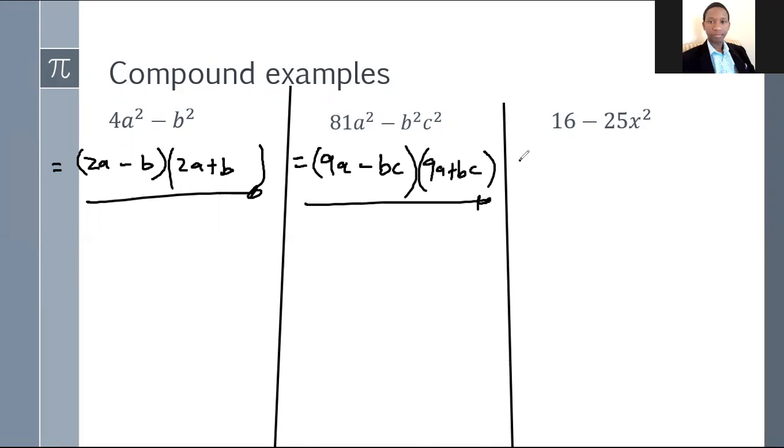Easy, straightforward. Finally, same thing here: the square root of 16 is 4, the square root of 25 is 5, the square root of x squared is x. I started with a minus, so I'm going to end with a plus in the other bracket. And just like that, you start to have fun and enjoy mathematics.